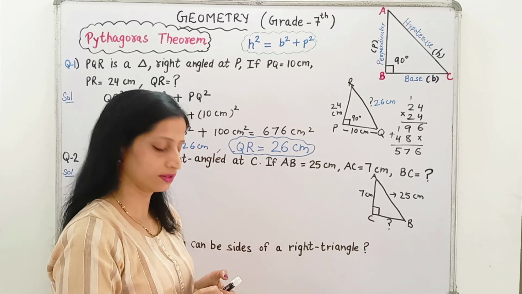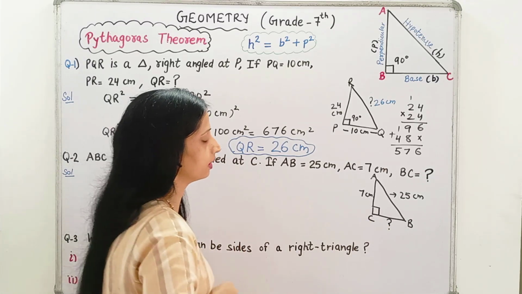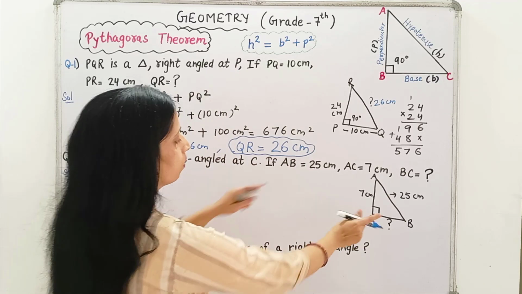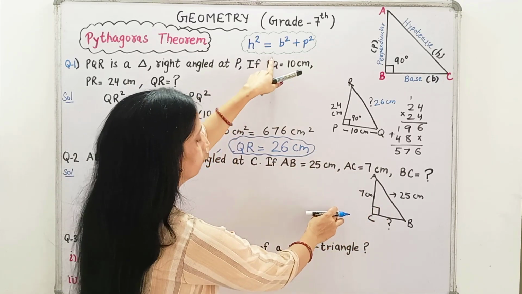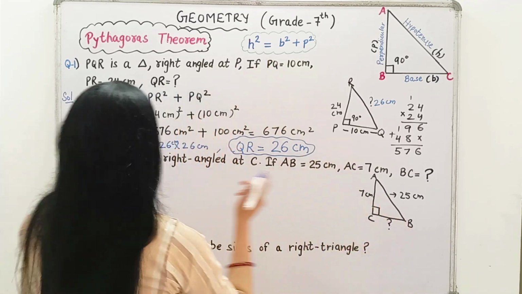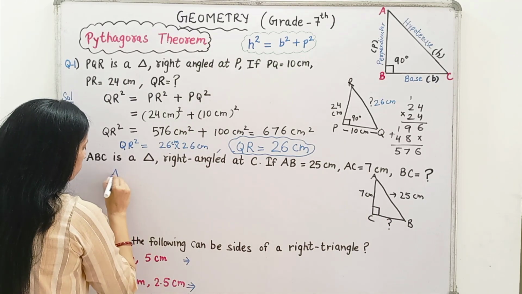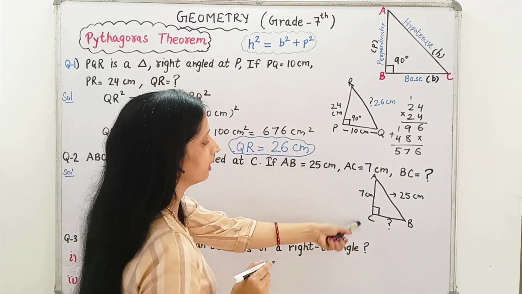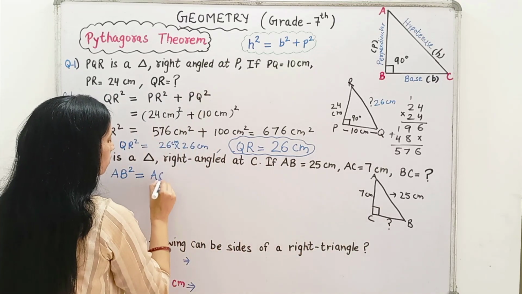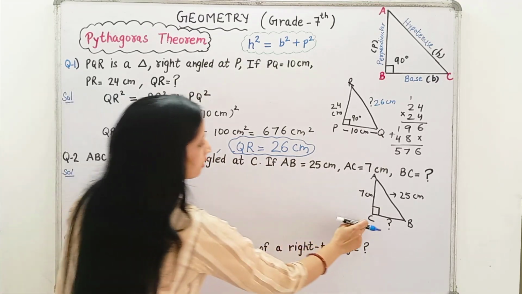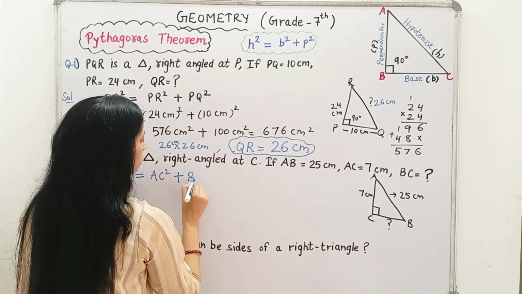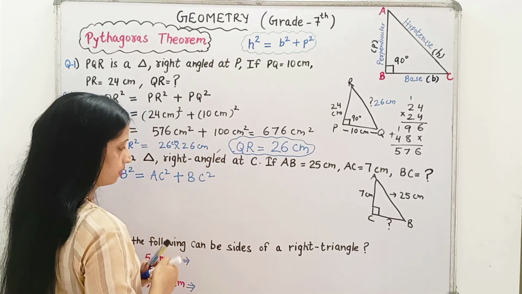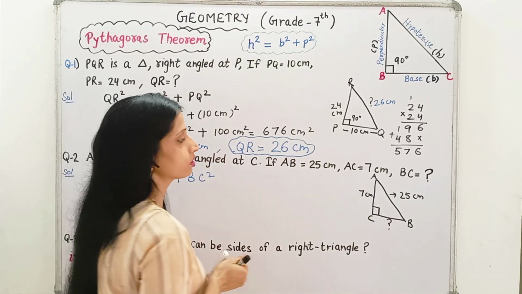So again, we will put the same formula. Now as per this theorem, AB square will be equal to AC square plus BC square. Okay. Now simply putting the given values.